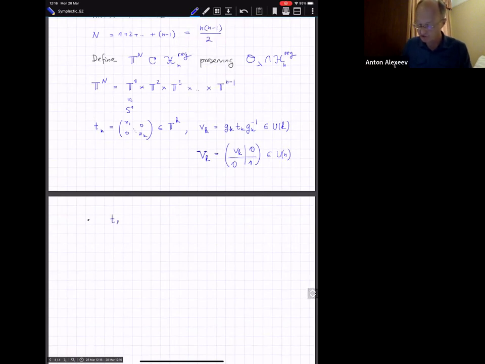So Tk acts on zeta by sending it to a conjugate. Sorry, by conjugation by Vk.